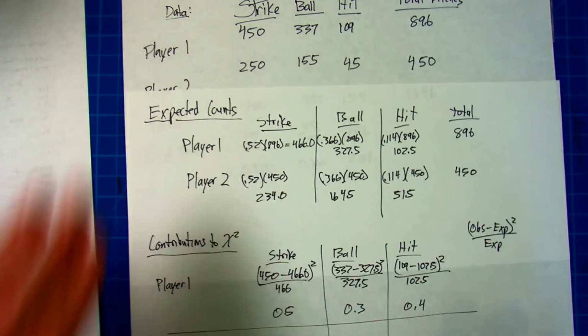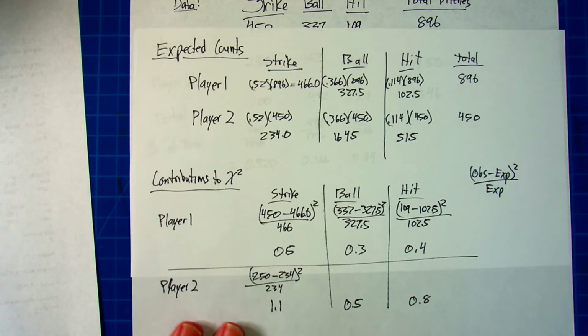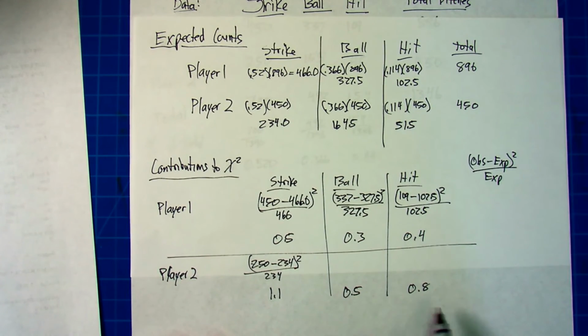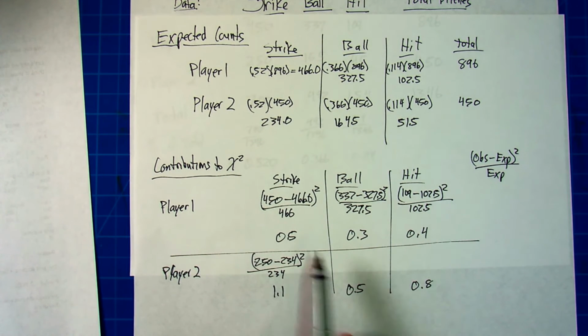And then do the same thing for player 2. Before you move on, make sure you know how I got these numbers in the table. I'm not going to write down the formula for every one, but it works out to that. In practice, I should probably carry on more decimal points, but that's how many I had for this.